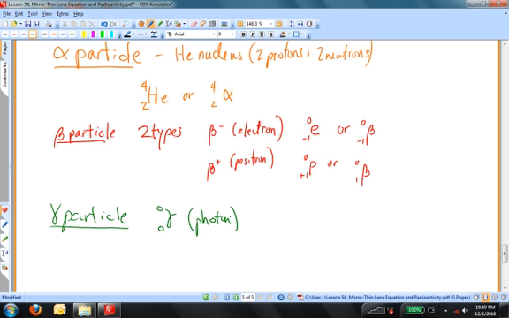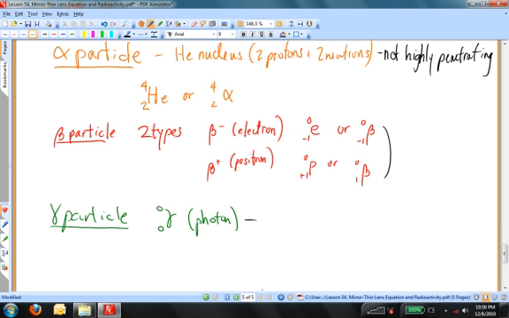An important point that your authors point out that I have not yet discussed is the penetrating power of each of these types of particles. Alpha particles are not very penetrating. It doesn't take very much to stop an alpha particle. So if you're trying to shield something to protect it from alpha particle radioactivity, then it's pretty easy to do.